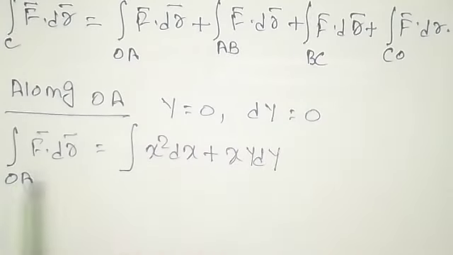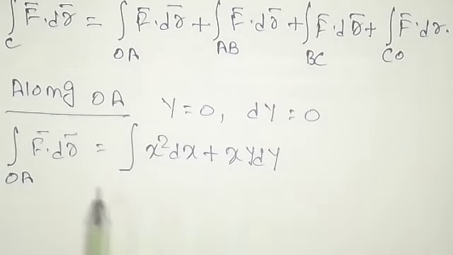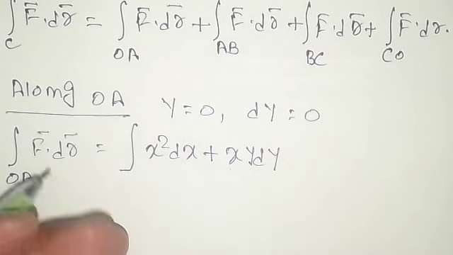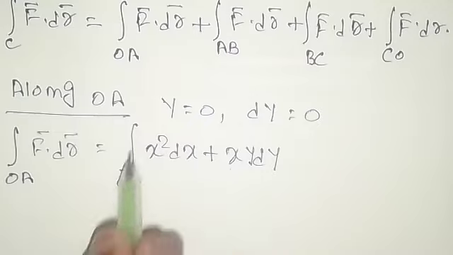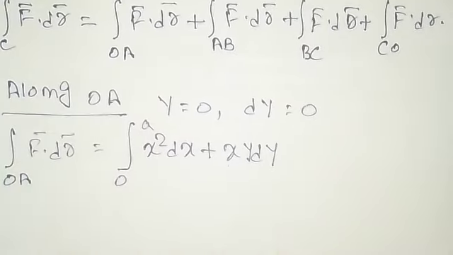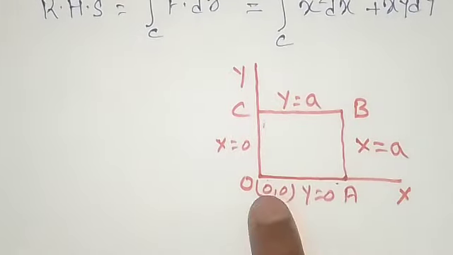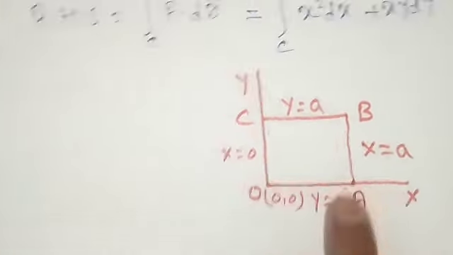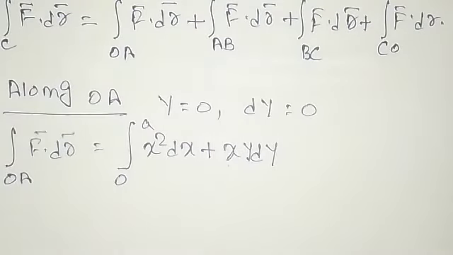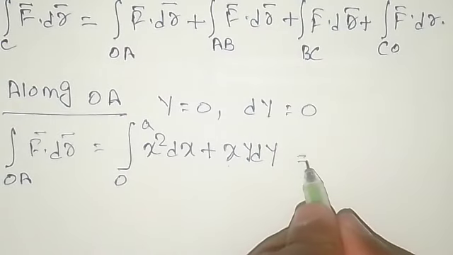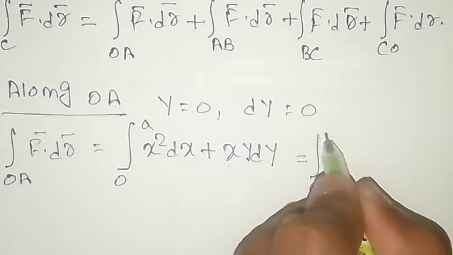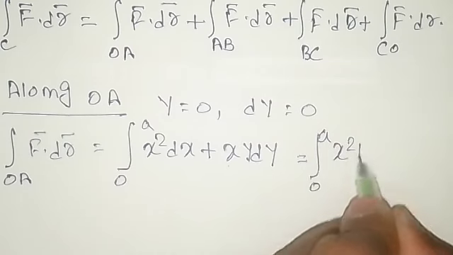So along OA y is equal to 0, which means when you put y as 0 this term will be 0, so we can eliminate it. And you have to integrate with limits, and the limit for OA is nothing but 0 to a. It is very important how you take the limit: for OA it is 0 to A. So it becomes the integral from 0 to A of x square dx.